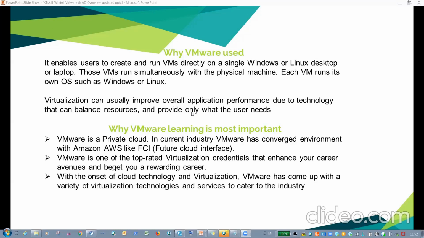On vCenter, we have to install the data center. Under the data center, we have to establish the clusters. Under the cluster, as per the network things, we have to establish. Under the cluster, we can install the ESX. Under the ESX, then VMs come in.